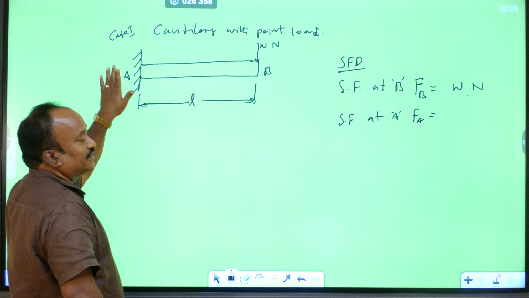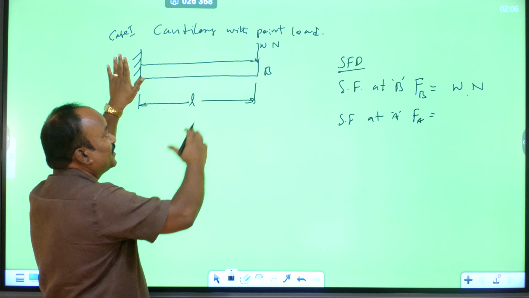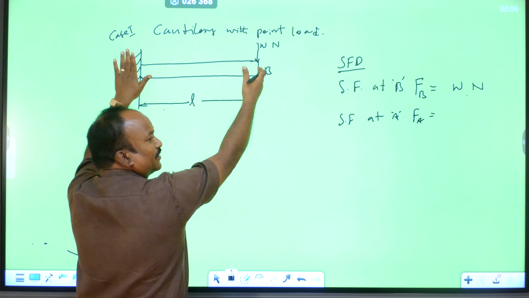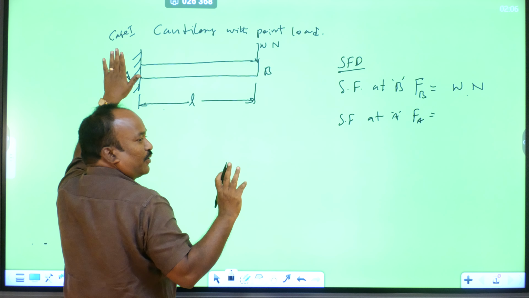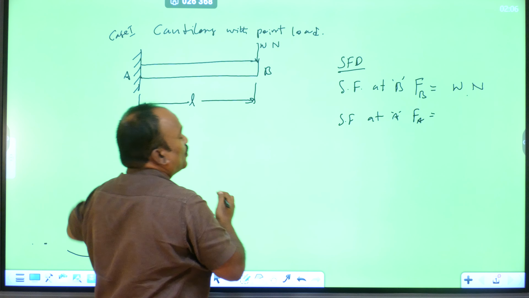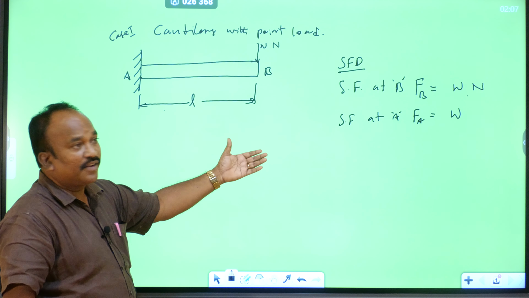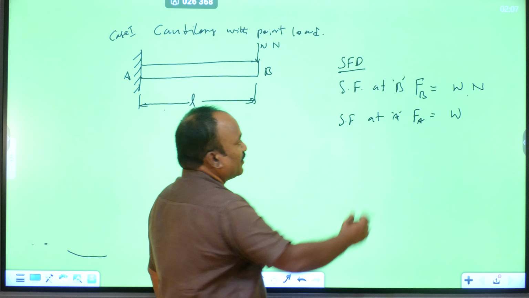Next, the shear force at A, F of A. According to the definition, it is the algebraic sum of vertical forces from the right side. Here there is only one point load, no other loads, so the shear force at A is W. Is it positive or negative?